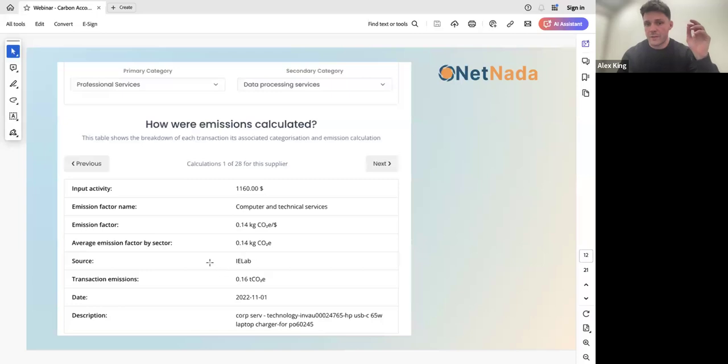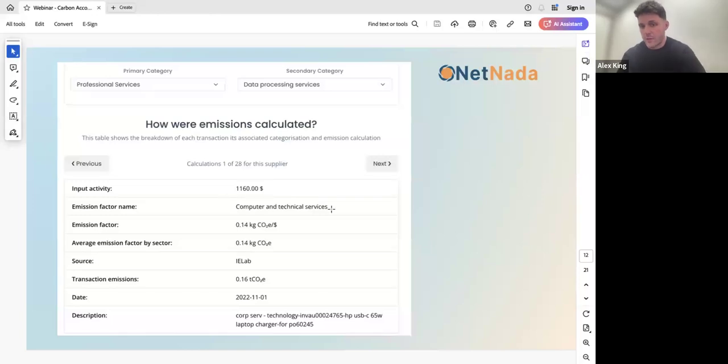Now, this emission factor is from IELab, which is Australian-based. It's from memory around 8 different academic institutions, University of Sydney, University of New South Wales, all come together with huge data points to calculate, using so many different aspects, the expected emissions associated with an activity.